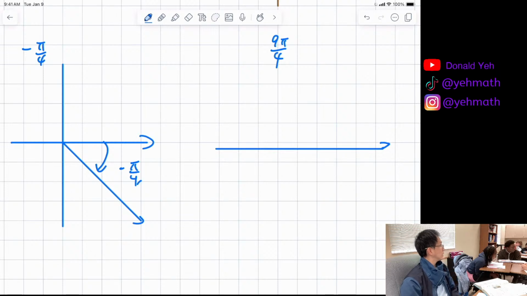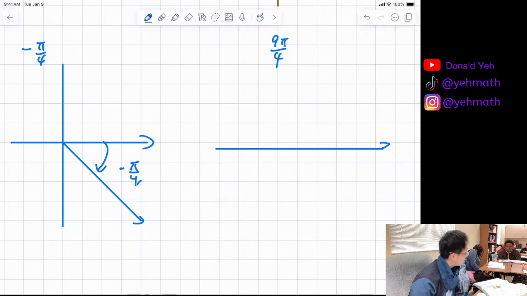Okay. Julia? You don't know? Have you tried it? Safa? It will be on some quadrant.